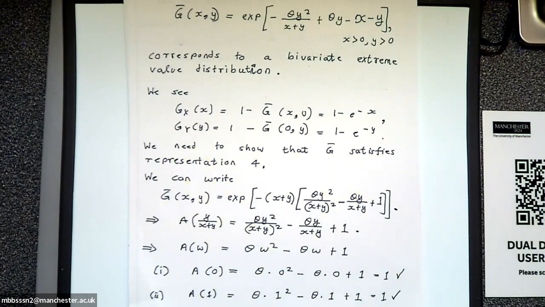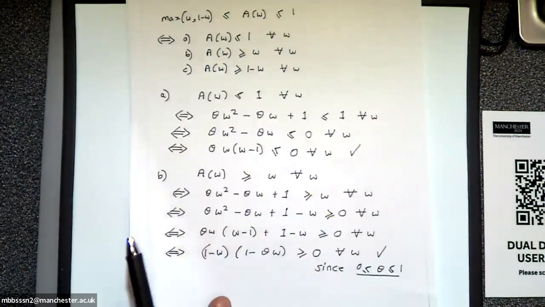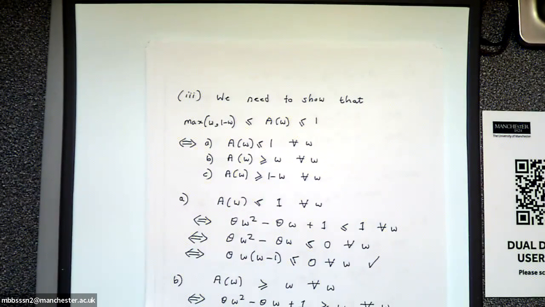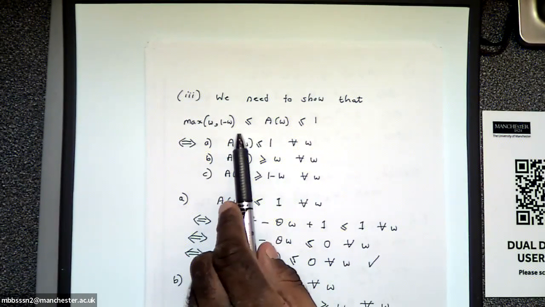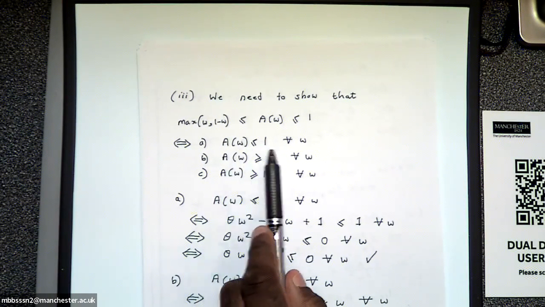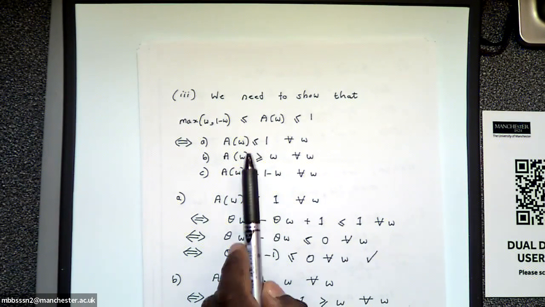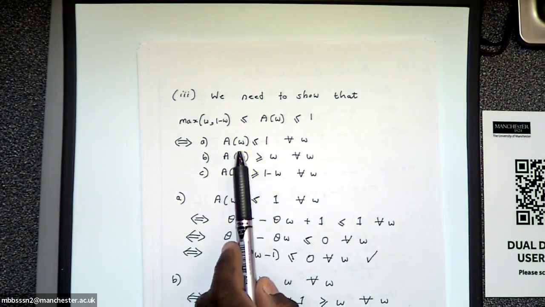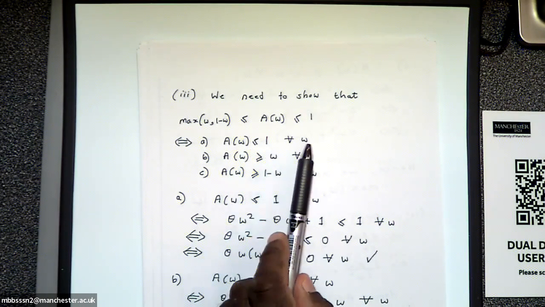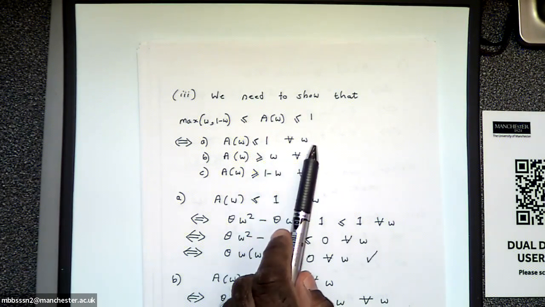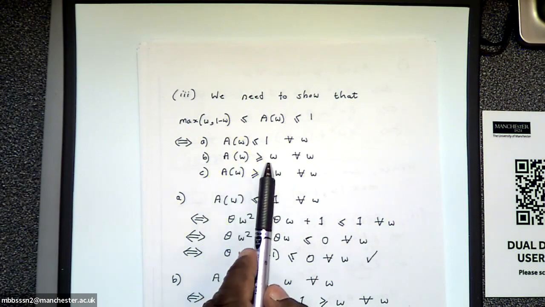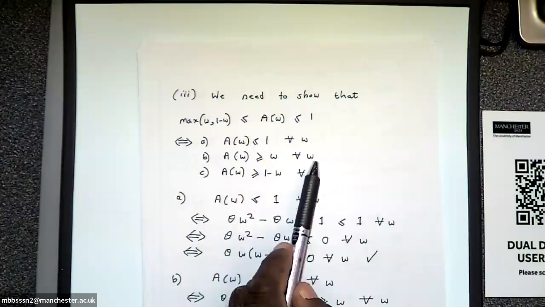And the third condition is a little bit involved, because it is the same as saying all 3 of these conditions hold. That is, A of omega is less than or equal to 1 for all omega. A of omega is greater than or equal to omega for all omega.